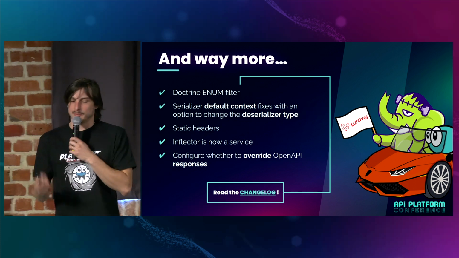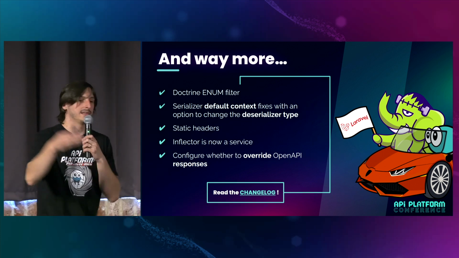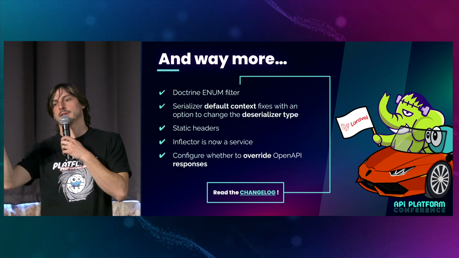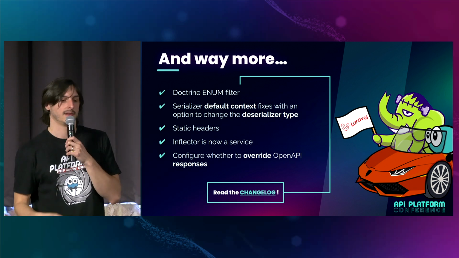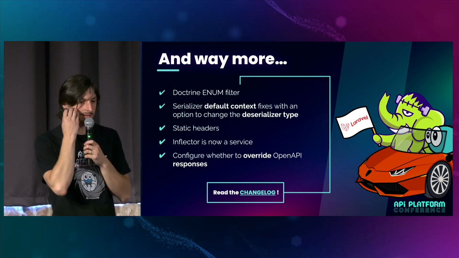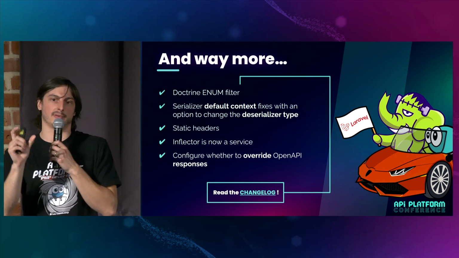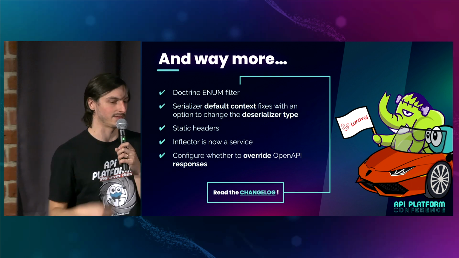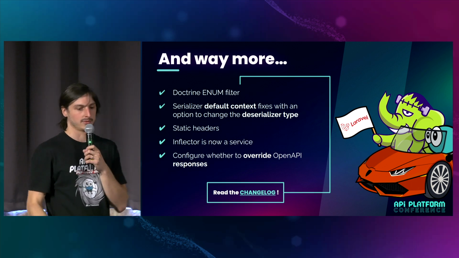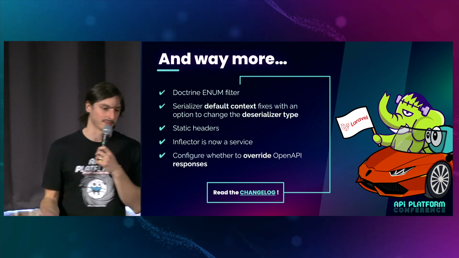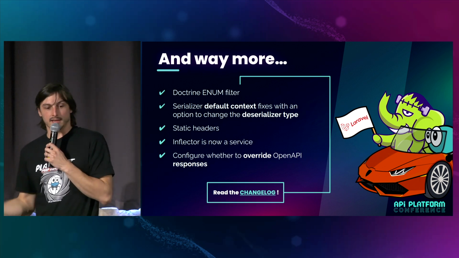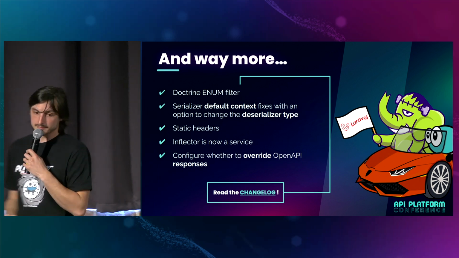Obviously, we have way more: a new Doctrine enum filter. We fixed the default context inside the serializer. This was quite broken, now it's fixed. You can even change the deserializer type. So this is really advanced stuff, but you can change the type if you want to. It's probably a bad idea, but sometimes it's really useful. Inflector is now a service.